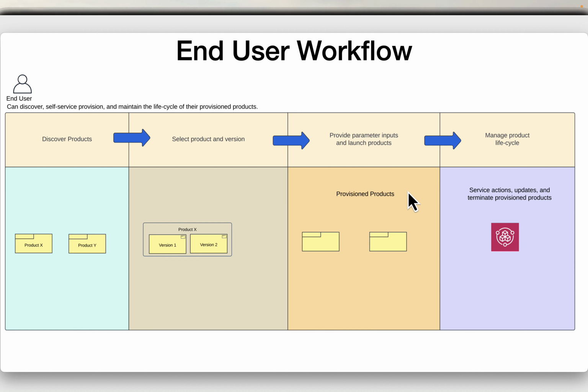And finally you have end users who are basically the consumers of those products. So a product can be, for example, a LAMP stack which a user wants to provision. An end user can discover, self-service, provision and maintain the life cycle of their provisioned products. So whichever products they have provisioned for themselves, they can maintain.